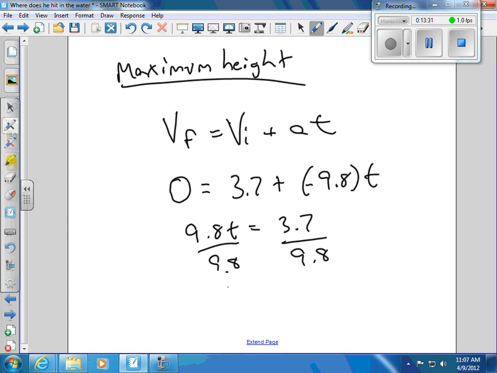You just set Vf to 0, because when he's at the top, his velocity in the vertical direction is 0. So then our time is about 0.3.